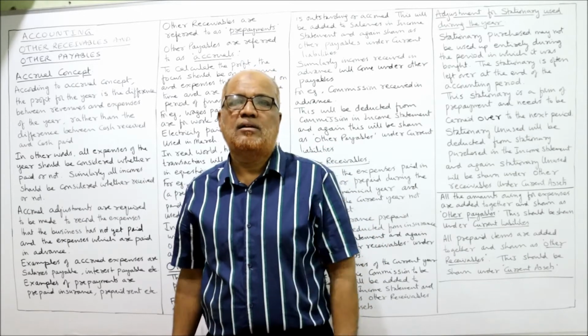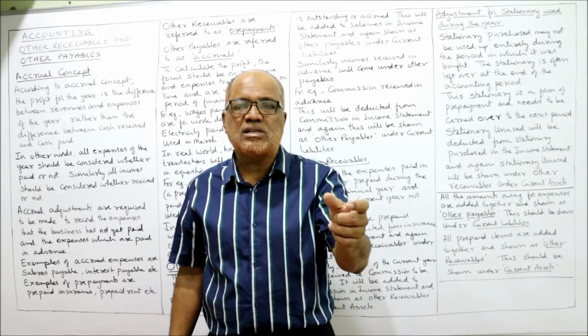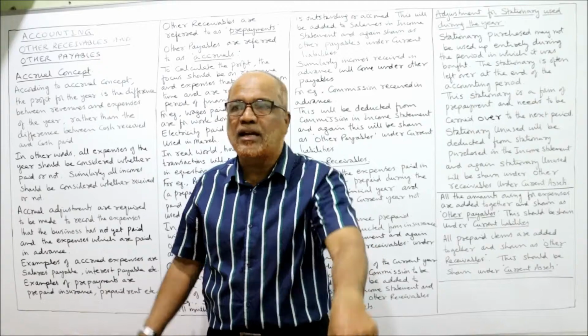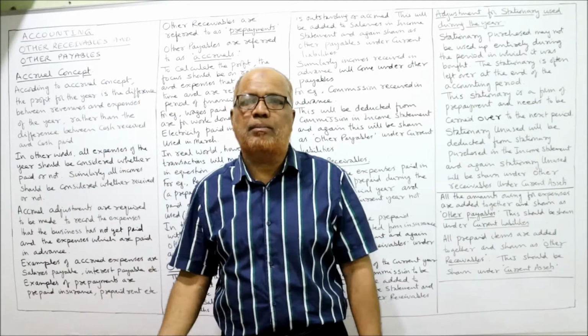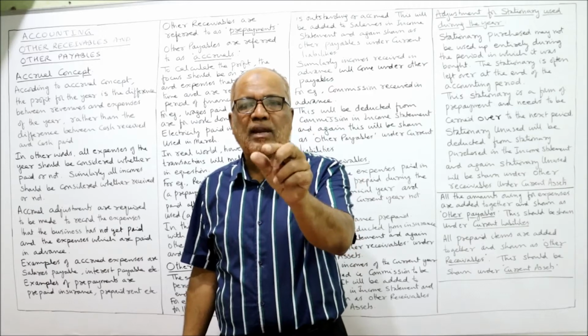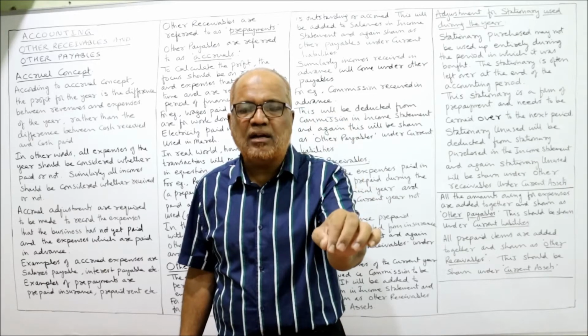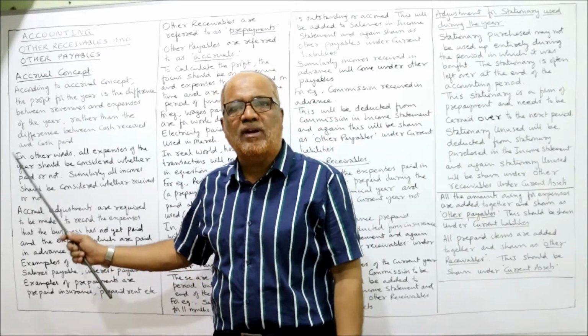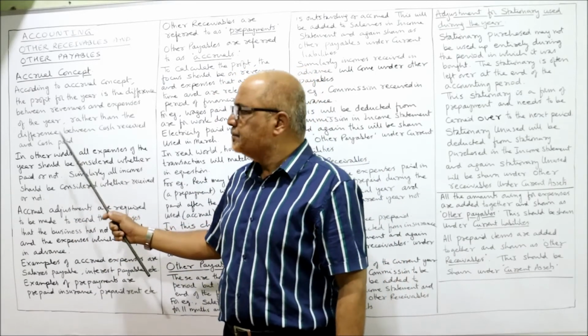The revenue and expenses not relating to the current year must be adjusted, and that is what is called other receivables and payables. So what the accrual concept says, all the revenue and expenses of the current year should be taken rather than cash received and cash paid.